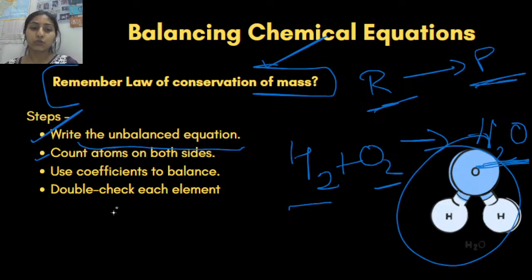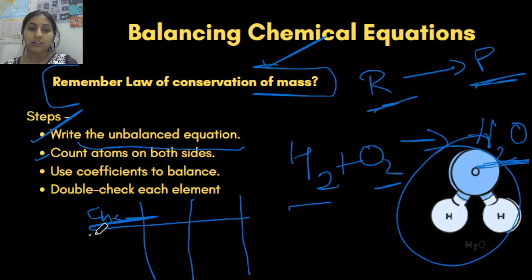So how would we do that? We will write our elements on this side, then the number of atoms on the reactant side and the number of atoms on the product side. We have two elements, hydrogen and oxygen. The number of atoms of hydrogen on the reactant side is 2 and oxygen is also 2.